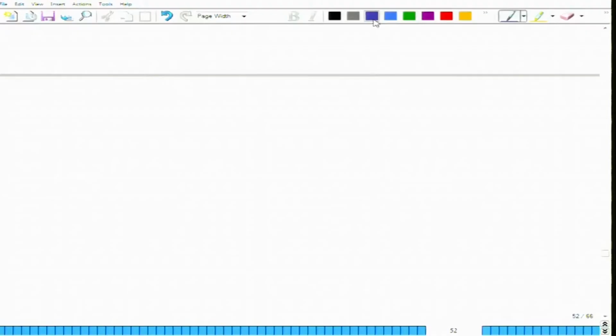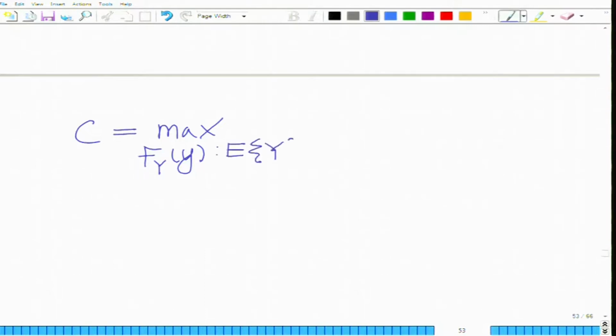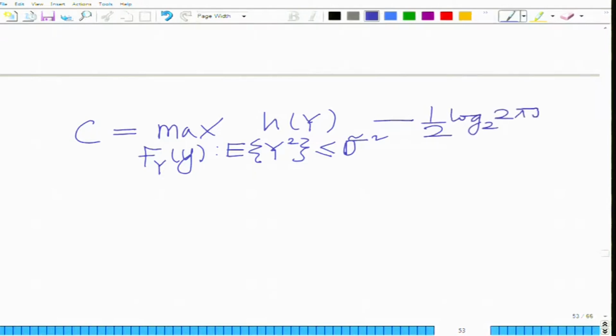Remember we have this problem of maximizing the mutual information to get the capacity, subject to E[Y square] less than or equal to sigma tilde square, that is h(Y) minus half log to the base 2 of 2 pi sigma square e.